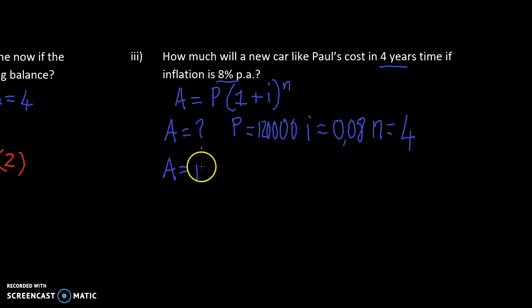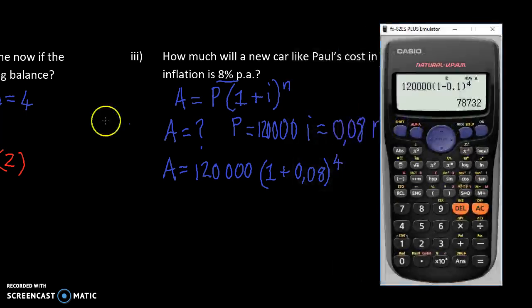We substitute all of this in, and this is the first part that we're going to get marks for. We're adding the interest, and it's to the power of 4. Guess what? We have a calculator. Let's make use of it.